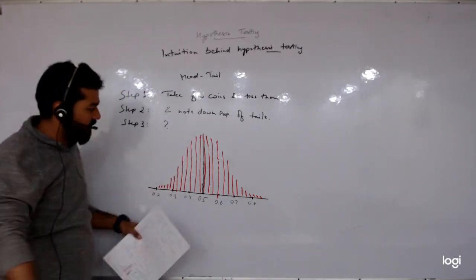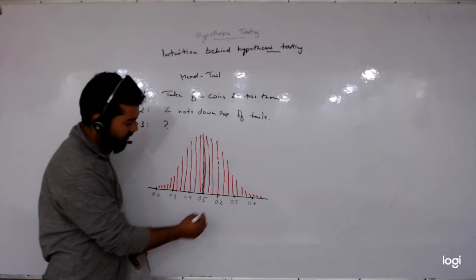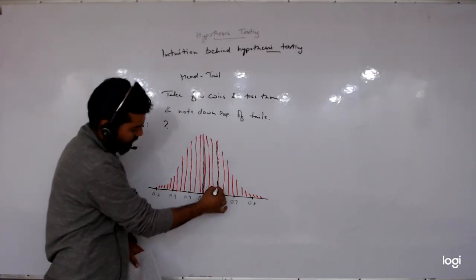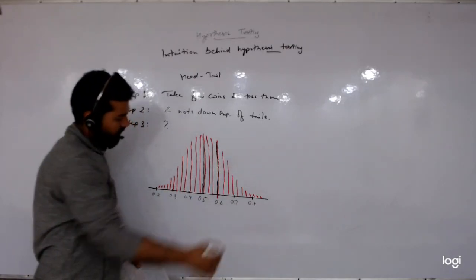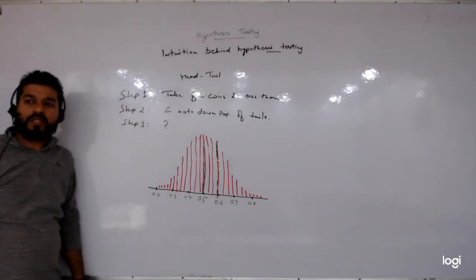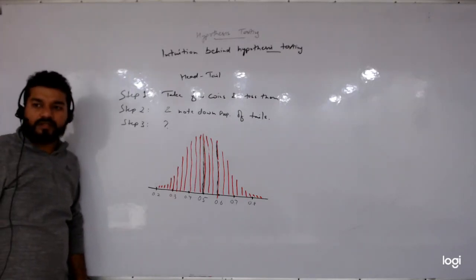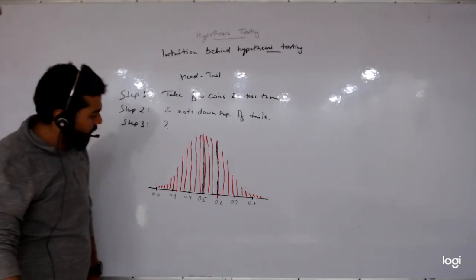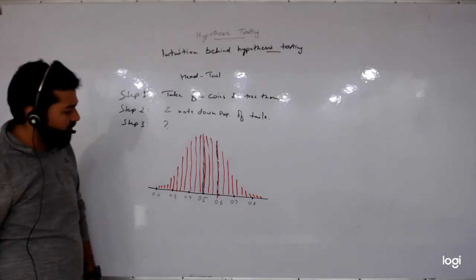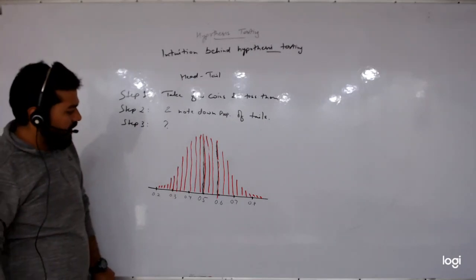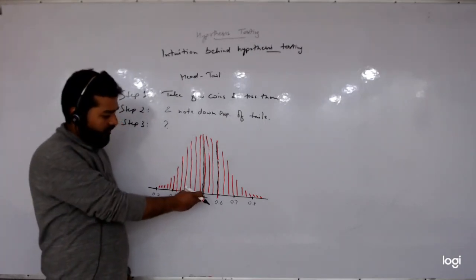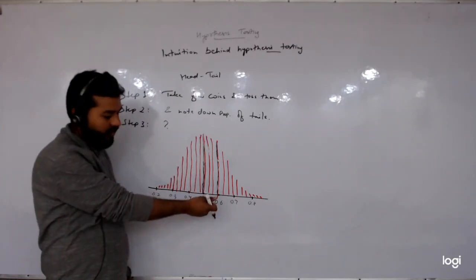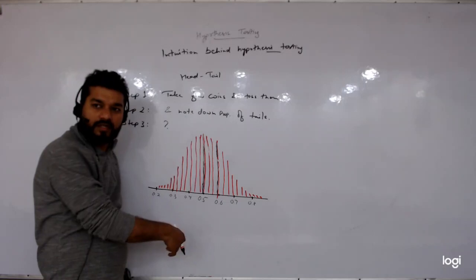Okay, but if we end up not here but here, do we say that the coin is necessarily biased? Any sane, logical person would say that it's not necessarily biased, it's not all that weird to obtain 60 tails in a toss of 100.